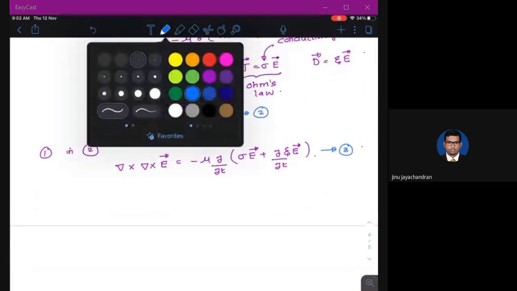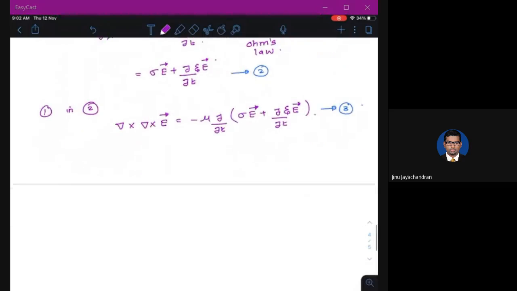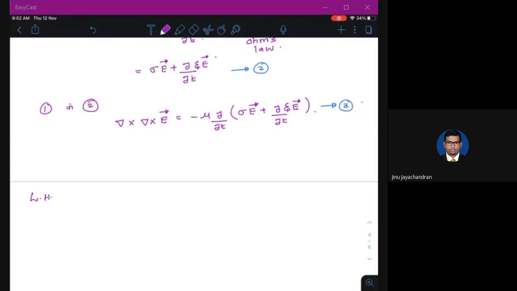Now, the left hand side of 3, del cross del cross E, is the vector triple product.